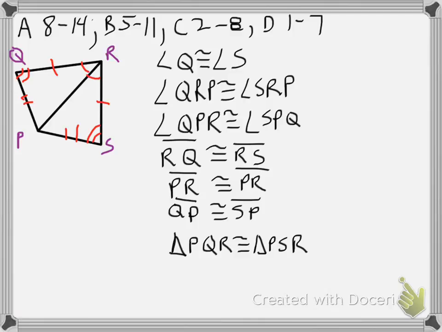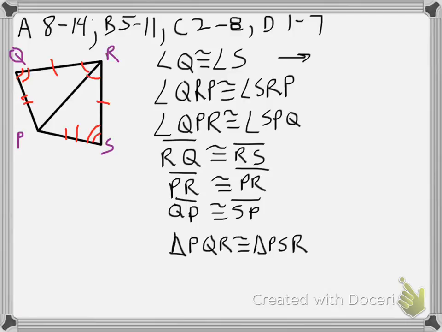So when I look at this, it's kind of going through a proof, and the red marks on the picture are showing things that they gave you from the beginning. Okay, so the first thing they said, angle Q, which is right here, and angle S are the same, and that's true because that was given to us.